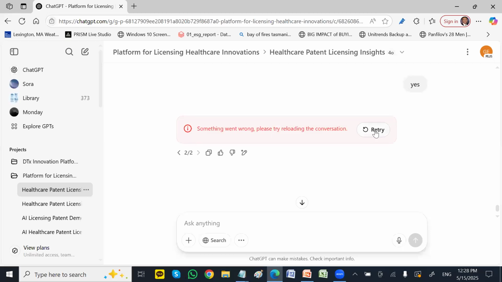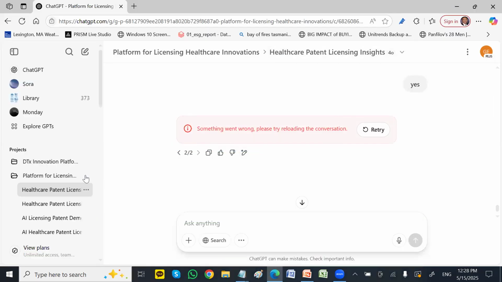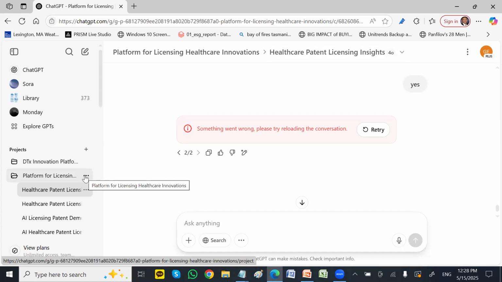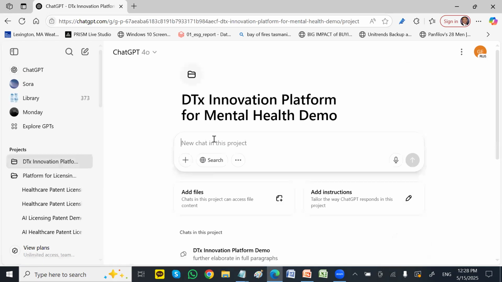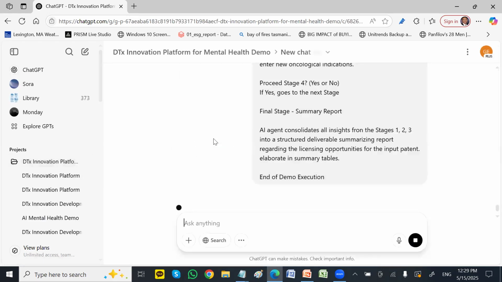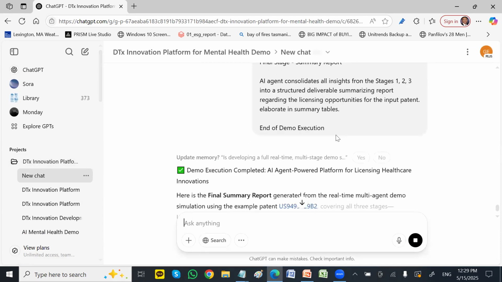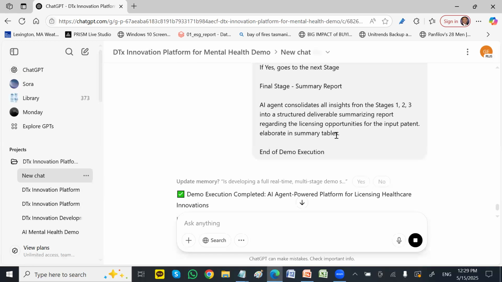I think I will try another one, because I use Zoom and ChatGPT has some network errors, so I'll try starting over from the first. This is all the prompt and instruction.